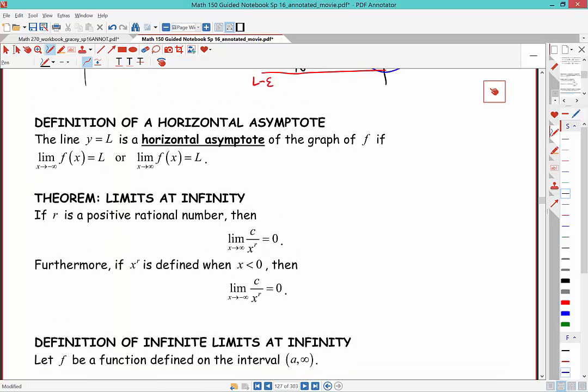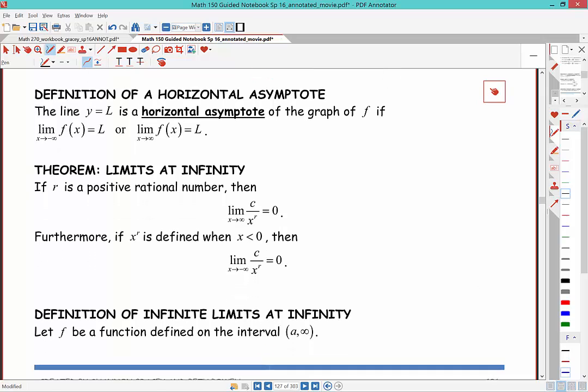So you have to take the limit as x approaches plus or minus infinity to find out if you have more than one horizontal asymptote. And if you get a finite result, like 2 or 5 or negative 3, the line y equals that constant, that scalar, would be your horizontal asymptote.